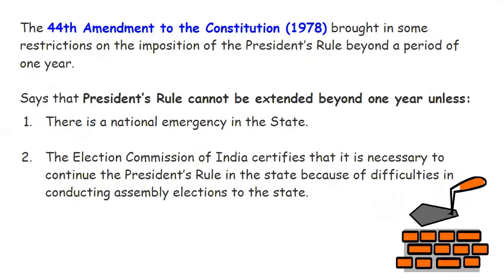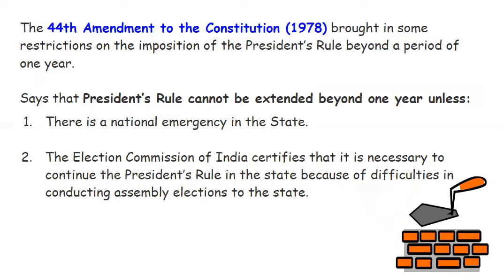So the 44th Amendment to the Constitution brought in some restrictions on the imposition of president's rule beyond a period of 1 year. It says that the president's rule cannot be extended beyond 1 year unless there is a national emergency in the state, or the Election Commission of India certifies that it is necessary to continue the president's rule in the state because of difficulties in conducting assembly elections to the state, right?